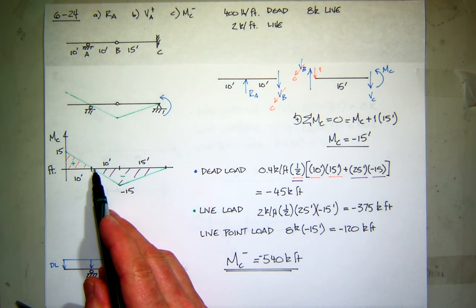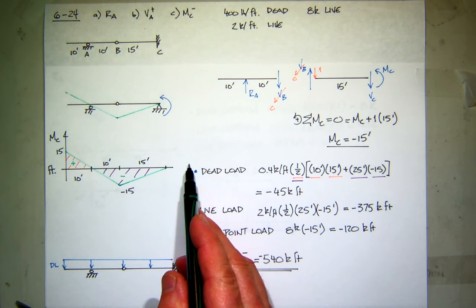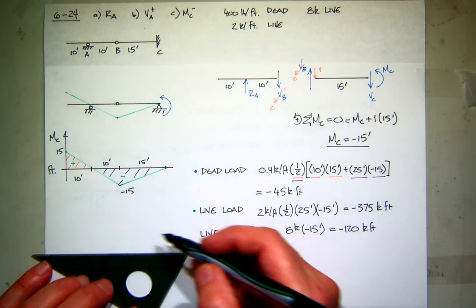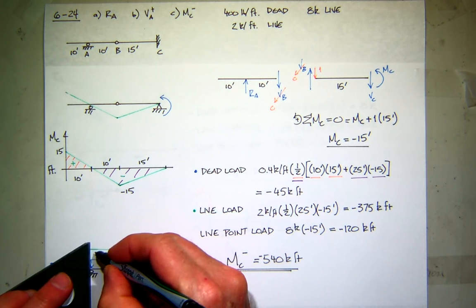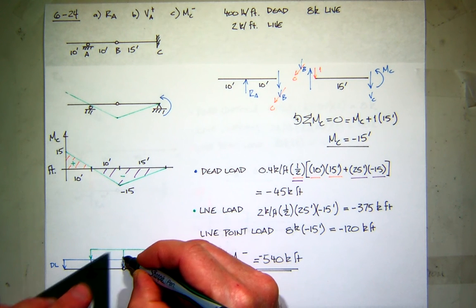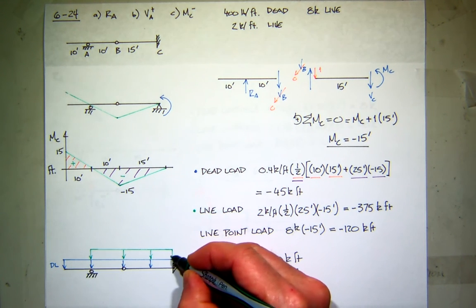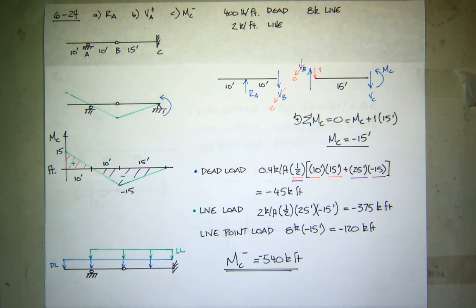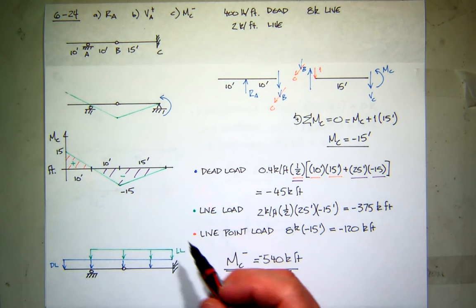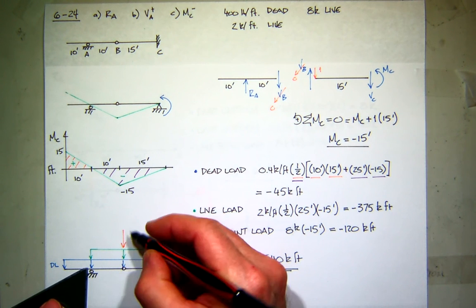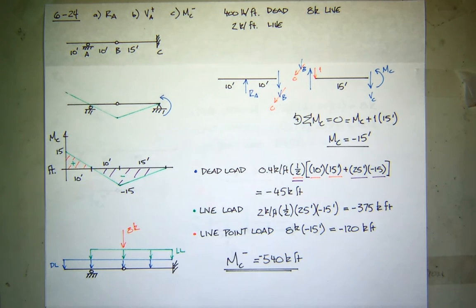I just put it from here, which is right over A, to the far right of the beam. So that goes here. So there's the live load. And then where do I put my point load? Right there, which is right over B, which is right here. So that configuration of loads, 2 of them live, 1 of them dead, produces the maximum moment at C, which is the reaction.